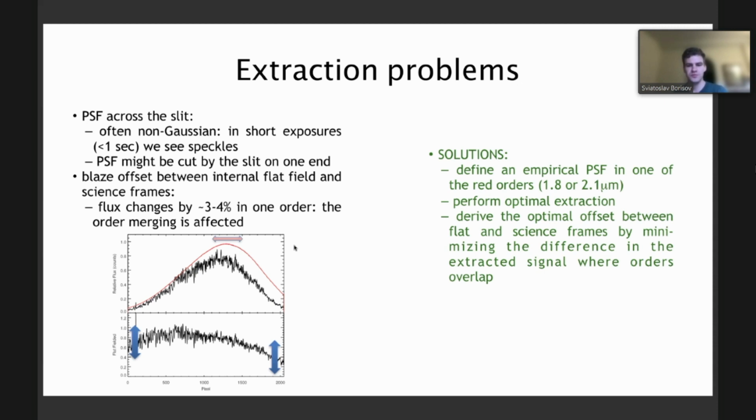First of all, you have to use an empirical PSF and perform optimal extraction using it. As for this shifting of the flat field with respect to the science frame, you need to derive the optimal value of this shift by minimizing the difference in flux in these regions where orders overlap.